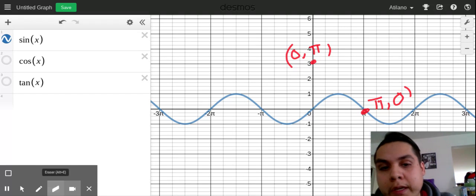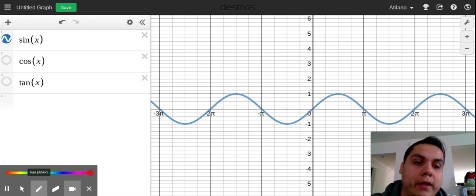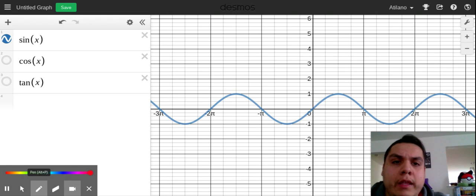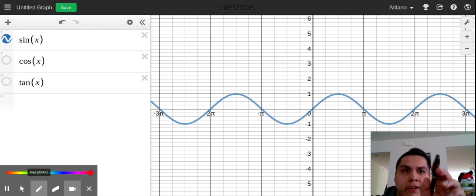So, keeping that in mind, sine is not an invertible function, meaning that if I took the inverse of the sine graph, I would have it oscillating up and down this way forever and ever, so it would never pass the vertical line test.